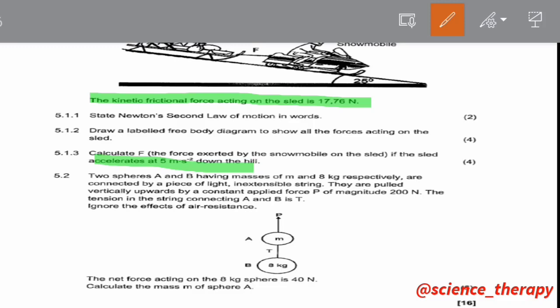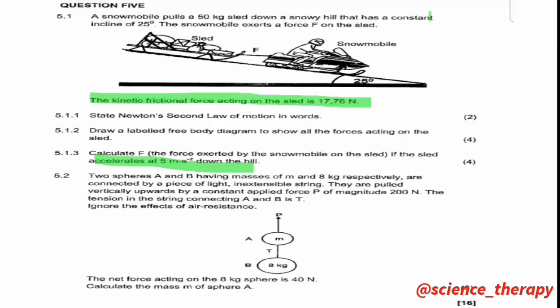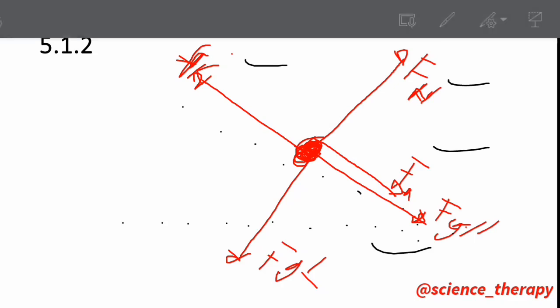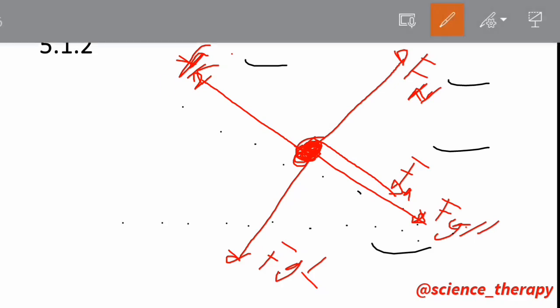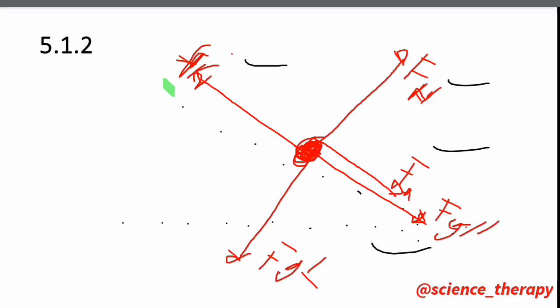So that will be of much help to us. Then let's calculate force F. Now we already have the free body diagram for the sled. So remember, now we will consider the horizontal forces, which in this case are your Fk, the force applied, and also the Fg parallel.